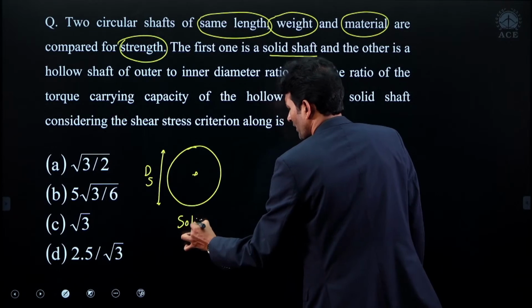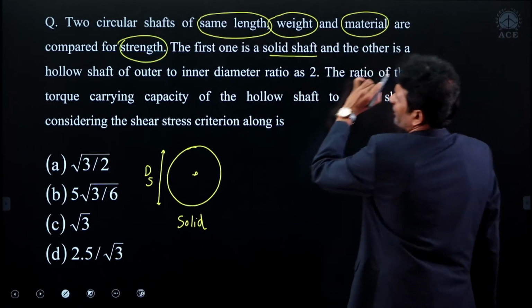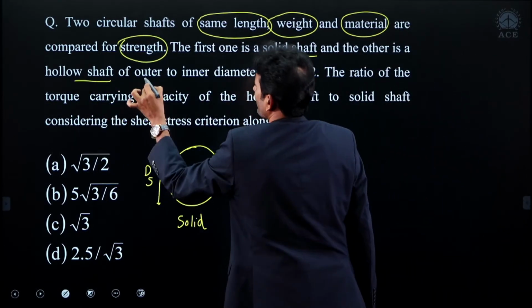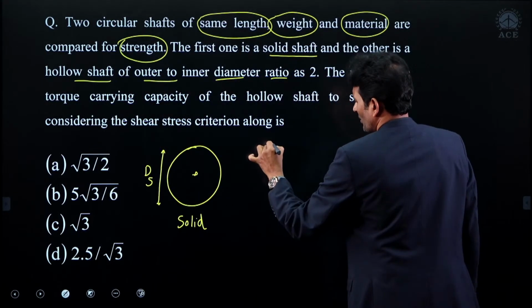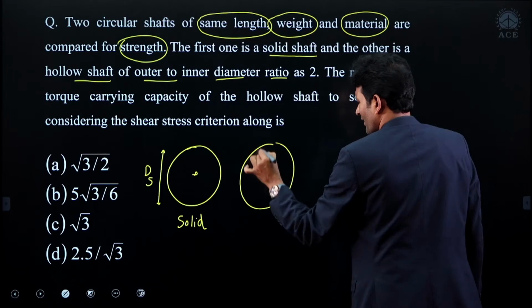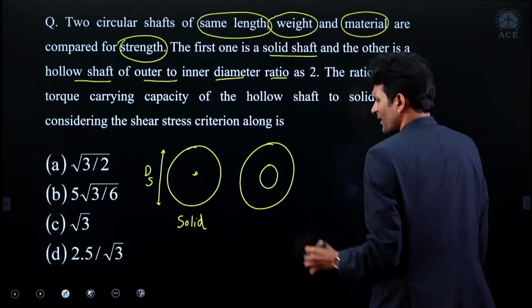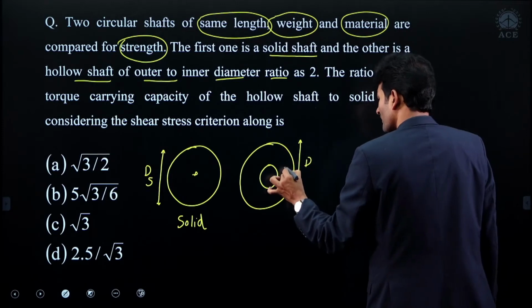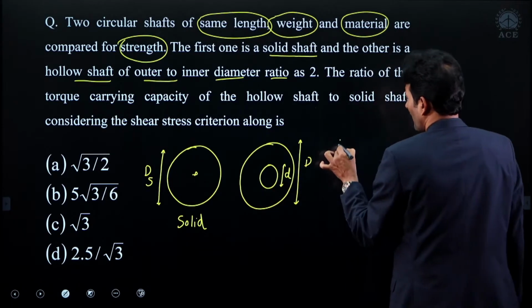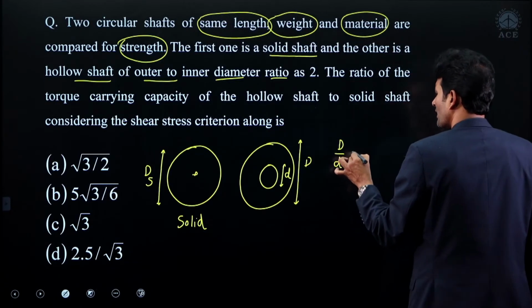And the second one, the other one is a hollow shaft, and the outer to inner diameter ratio is given. So the second one is a hollow shaft. Let us mark this one. I am representing the outer diameter as capital D and the inner diameter as small d. Capital D divided by small d is given as 2.